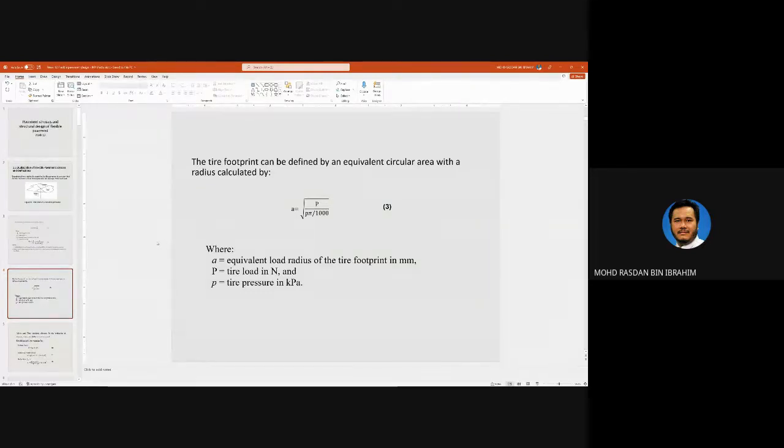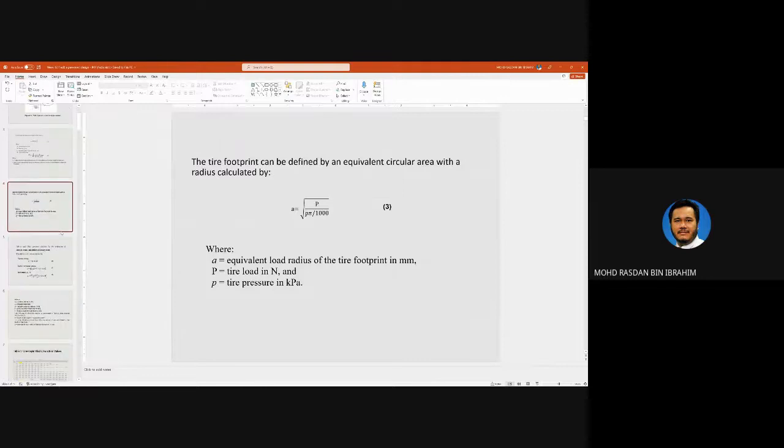So at this time, we're assuming that the contact area is circular. The area for the loading to be transferred to the pavement can be estimated using this formula, which is a function of tire load and also tire pressure.